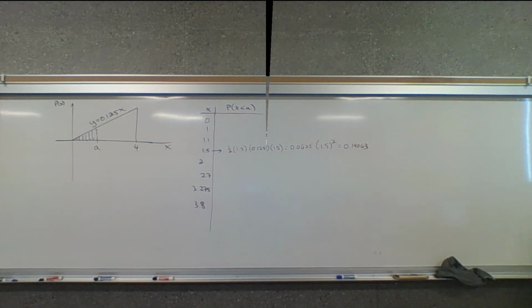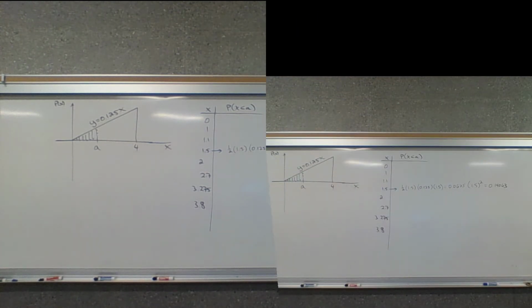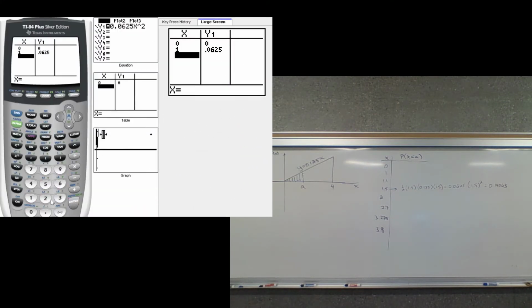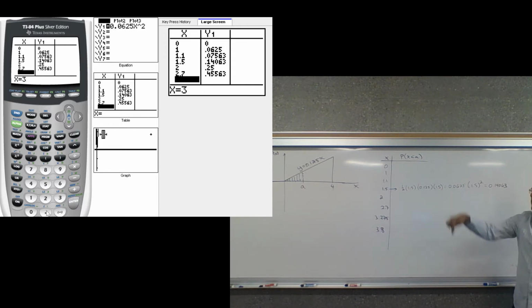Right? So just to repeat the table exactly the way it's written, this is 0, 1, 1.1, 1.5, 2, 2.7, 3.275, 3.8. Well, my old calculator will not let me scroll down after this, I don't think.